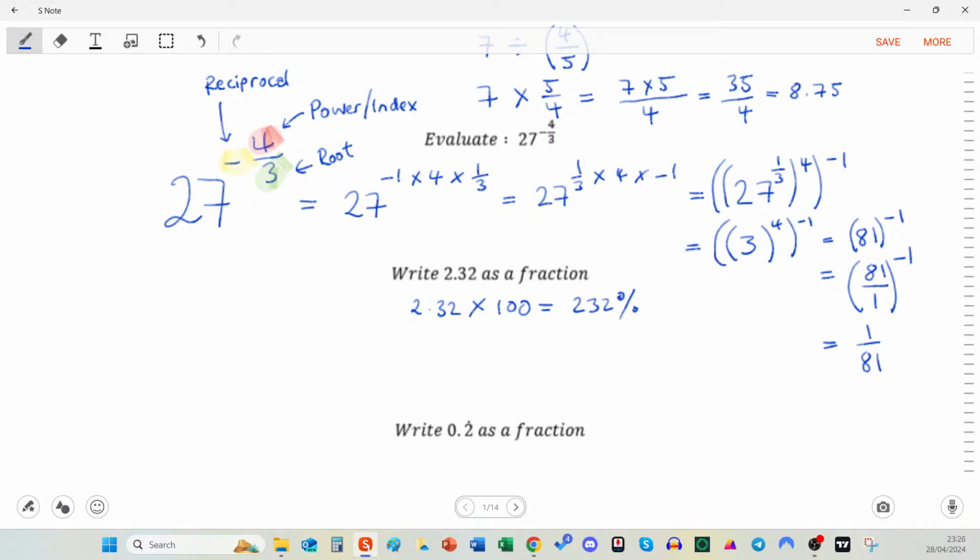Percentages are easy to turn to fractions because percent means out of 100. So literally we can write the percentage like this as a fraction. Job done. We don't really need to cancel it down, but we can. If we think about what goes into 232 and 100, it's 4. It's probably the best I can think of off the top of my head. And that would lead to 58 over 25.